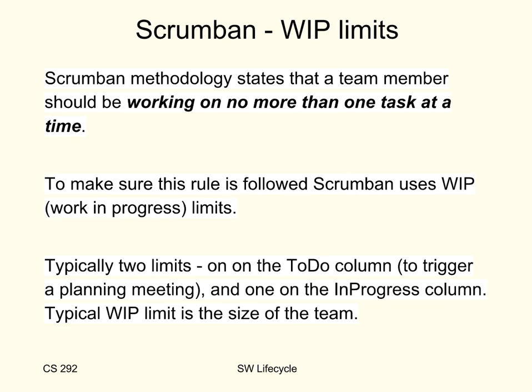Scrumban methodology states that a team member should be working on no more than one task at a time. There are work in progress limits, which we talked about. There's typically 2 limits, one on the to-do column to trigger a planning meeting and one on the in progress column. The typical WIP limit is the size of the team.